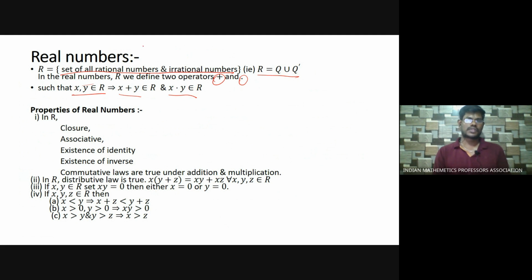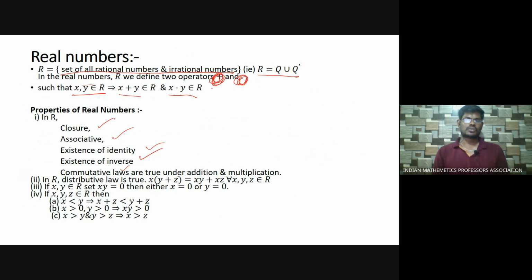Okay, that should satisfy the closure property, associative property, existence of identity, existence of inverse, and commutative law. Okay, so these all hold under multiplication and addition.